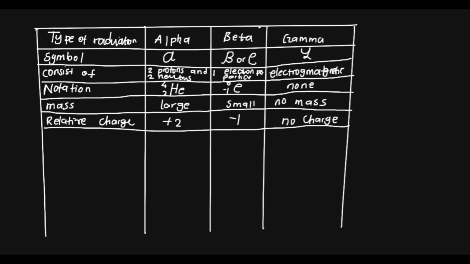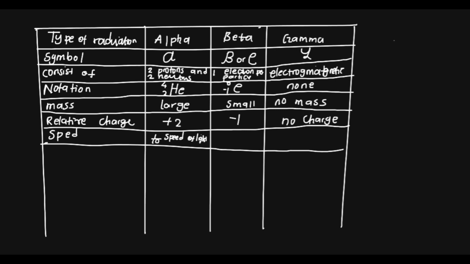Then from the relative charge, we can also look at the approximate speed. So the speed of alpha is 1/10 the speed of light. So what does this mean?